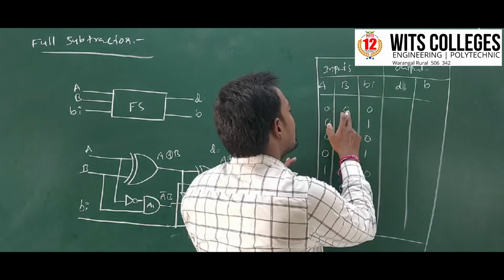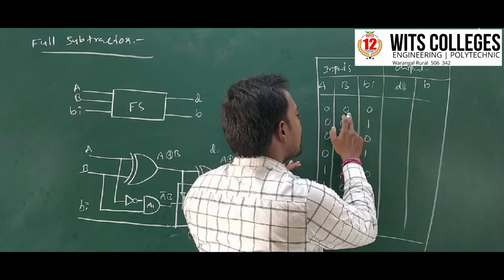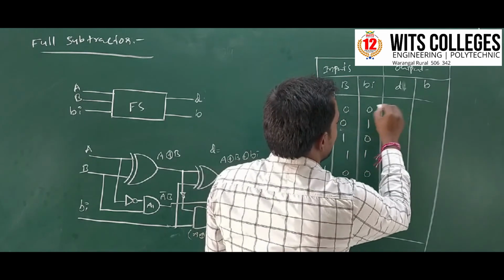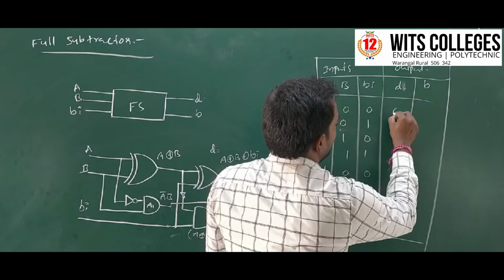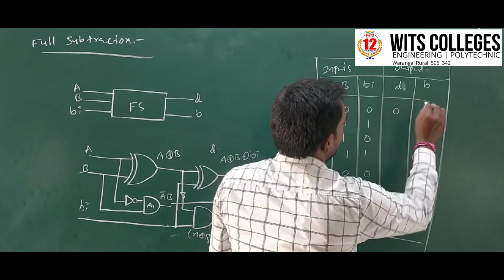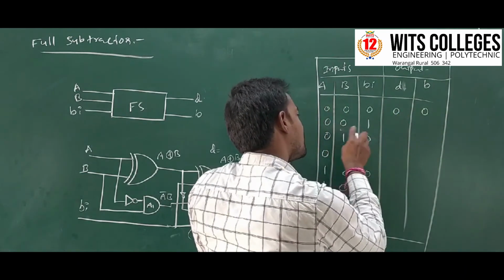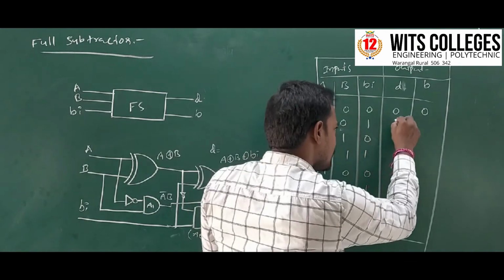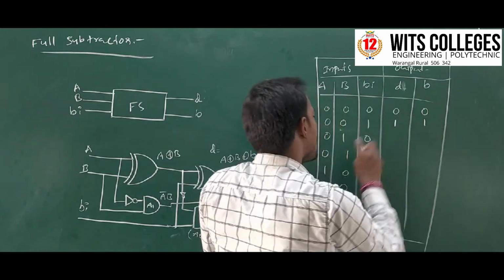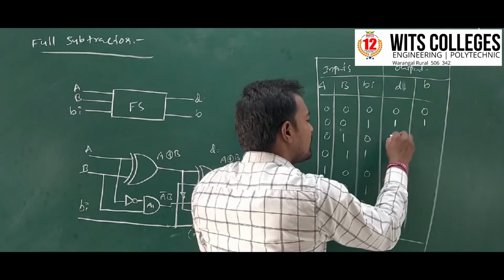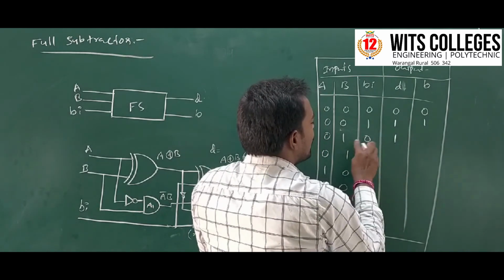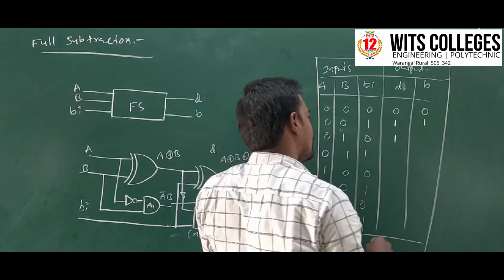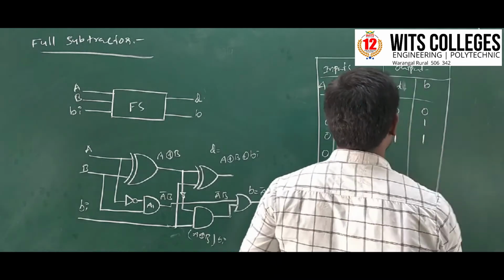So 0 0 0, here there is no difference, and 0 minus 0 is equal to 0. So difference is equal to 0, borrow will not be generated here. Next, 0 minus 1 is equal to 1 and borrow is equal to 1. Next, 0 minus 1 minus 0 gives difference 1, and borrow here is 1.